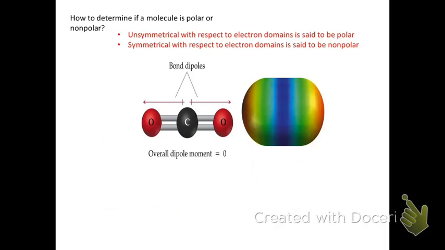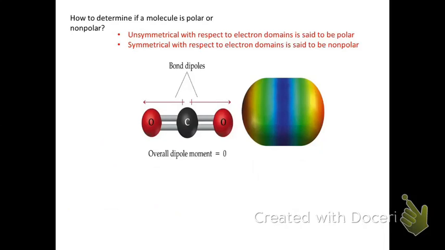Also, now that we know what a polar bond is, we need to look at what about if a molecule is polar or nonpolar. The key to this is these two statements that I have written down here for you, that you need to write down in your notes. And that is, we're going to look at the symmetry with respect to the central atom.